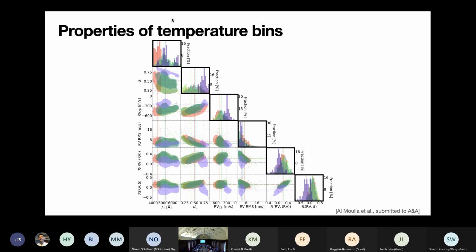But when we then correlate with respect to, for example, the S index, the chromospheric index, we see that suddenly this one is deviating a little bit more from the other ones, being weakly anti-correlated, whereas the other ones are staying a bit correlated.